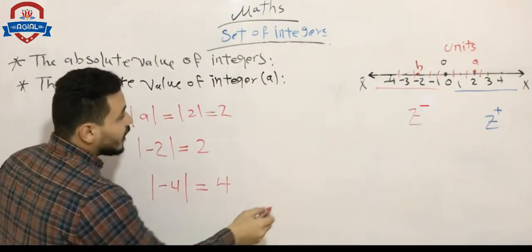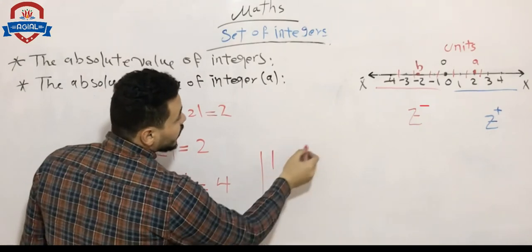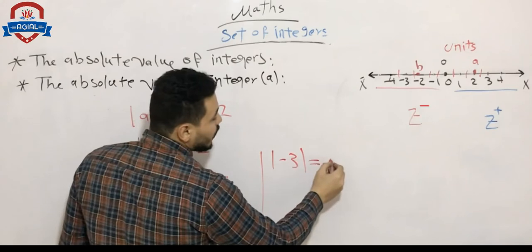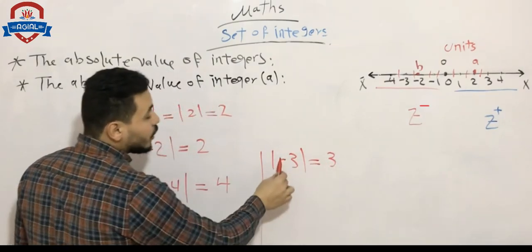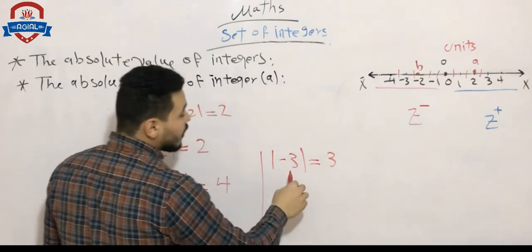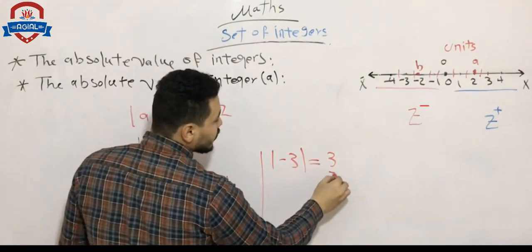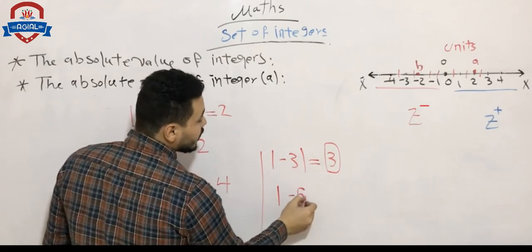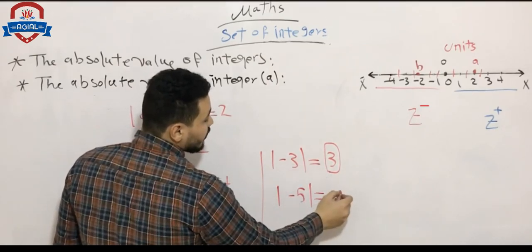The absolute value of negative 3 equals 3. So the absolute value of any integer equals the same number but positive. The absolute value of negative 5 equals 5.